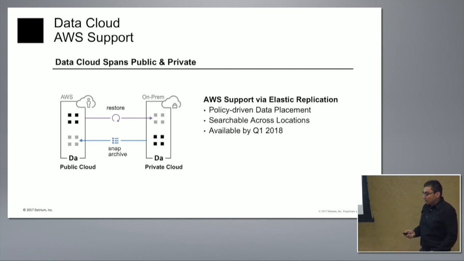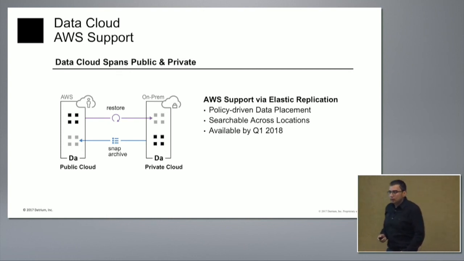So we're also announcing that exact capability. We are currently working on porting our software to a public cloud, with the first product available in Q1 2018. So it's a full file system port, which will expose a virtual replication target.